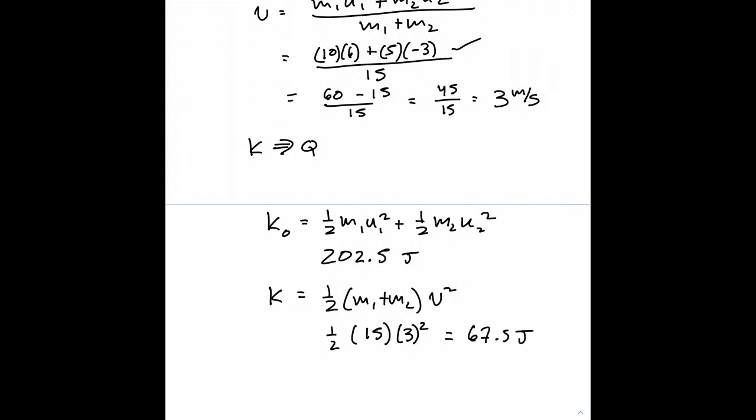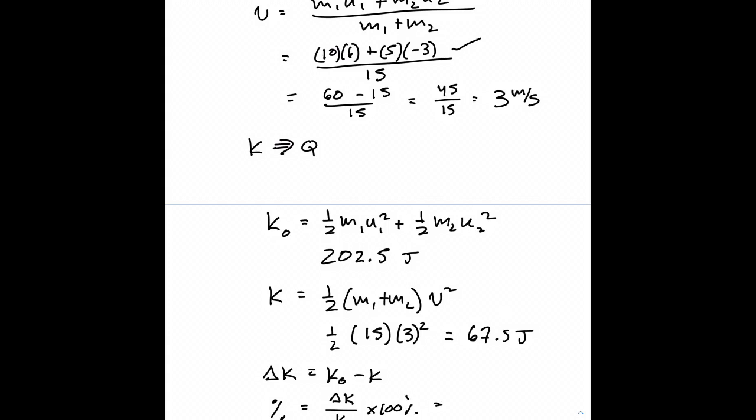67.5 joules. So the amount of kinetic energy lost, delta K, is the initial kinetic energy minus the final kinetic energy. Or we could state this as a percentage. We say the percent lost is delta K over K initial times 100%.